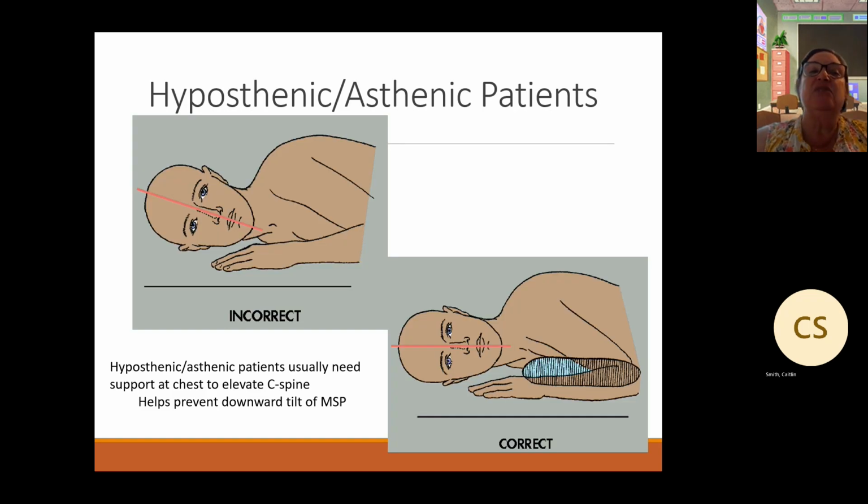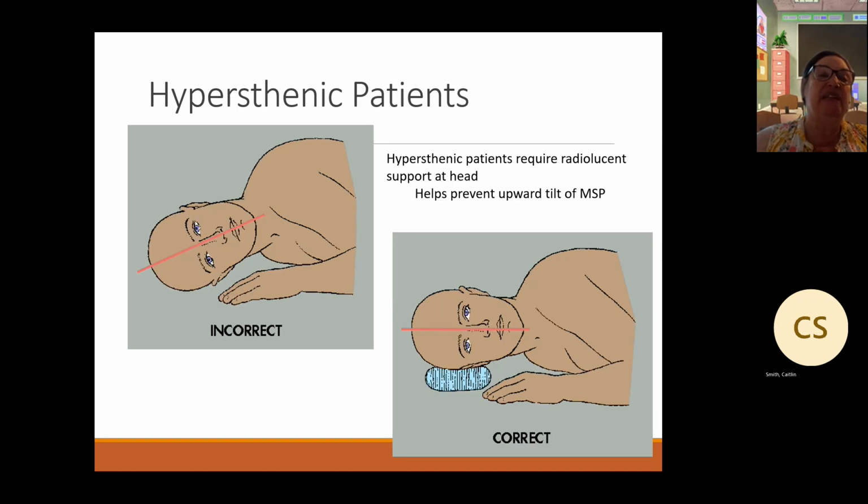So a hyposthenic or asthenic patient is a thinner patient. And as you can see, when they're laying on their side, because they are thin, sometimes the head can come up. So if you place a pillow under the chest, it helps to prevent the downward tilt of the mid-sagittal plane.